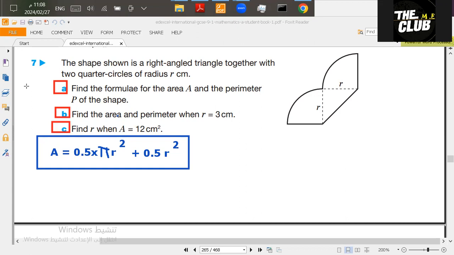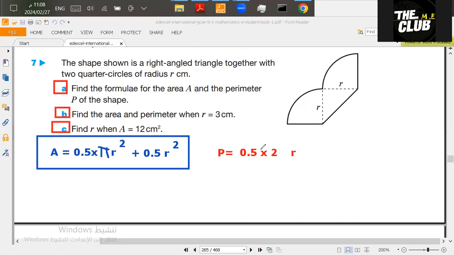Okay. And then the perimeter of the shape, we will notice what in the perimeter? That these lines are the arcs of the semicircle. It means we're going to do the same thing, which is half multiplied by the perimeter of the circle, which is 2 pi r.